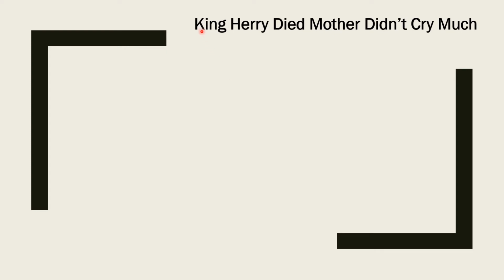For example, K stands for kilogram, H stands for hectogram, then D stands for decagram, M means basic unit, which is gram in measurement of mass. D stands for decigram, C stands for centigram, M stands for milligram. So it is King Harry died, mother didn't cry much.